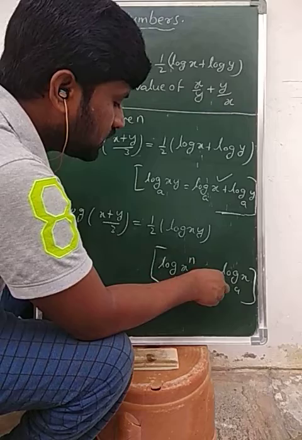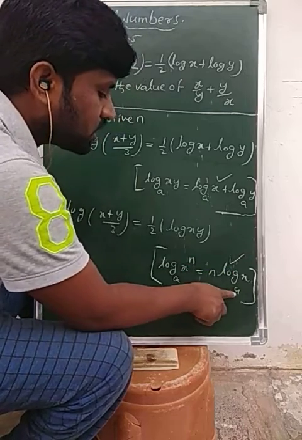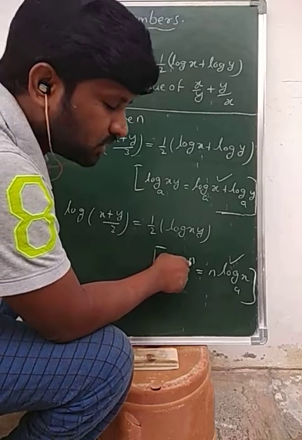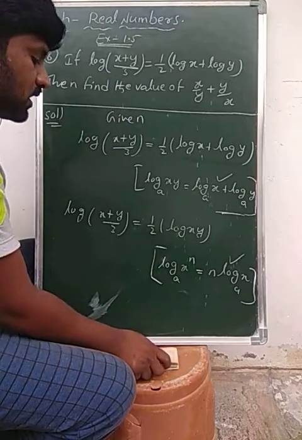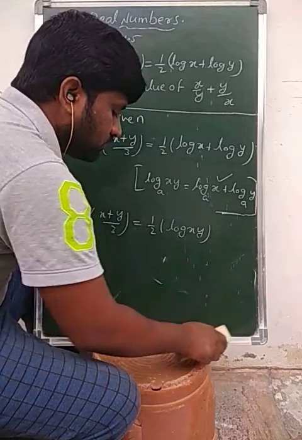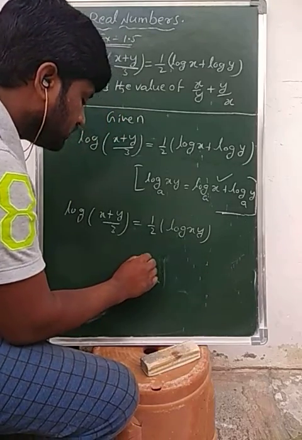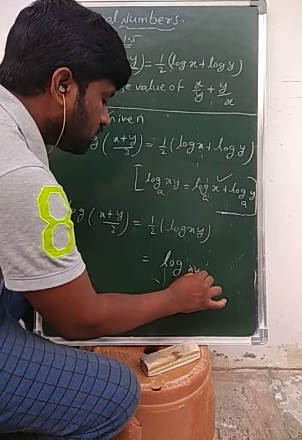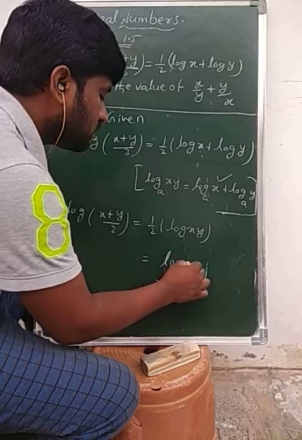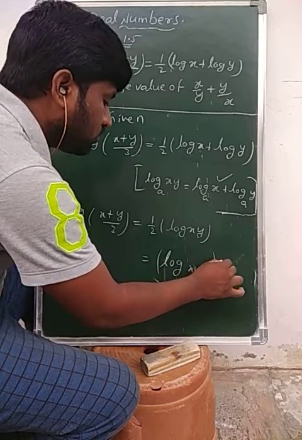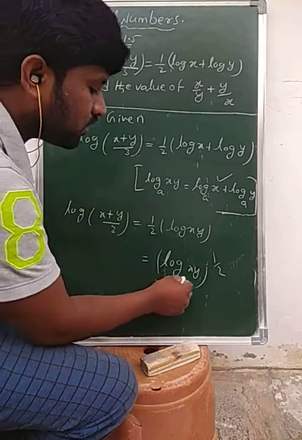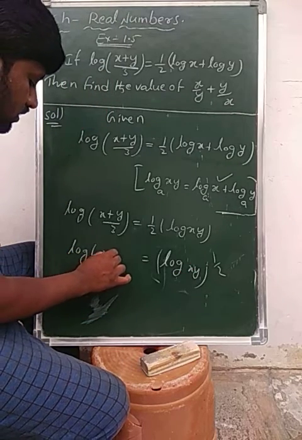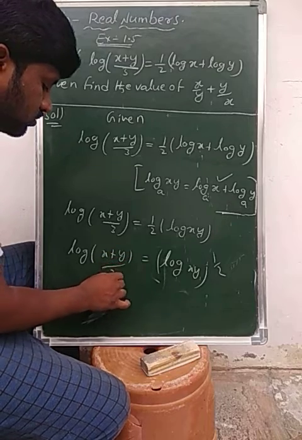It is in the form of the RHS part. Then we can write it as log of xy power 1/2. As usual, the other side is log of (x plus y)/3.